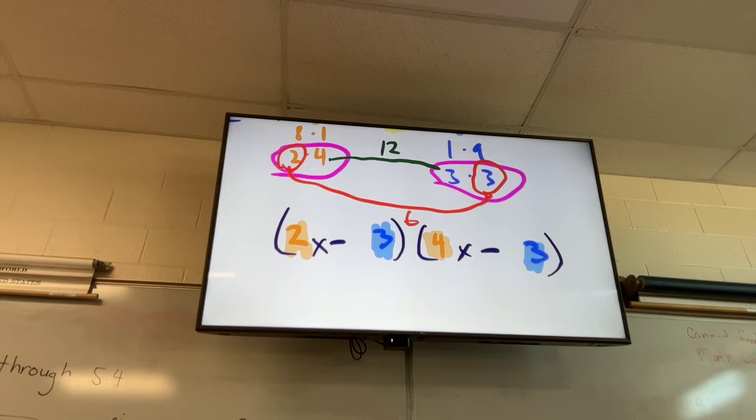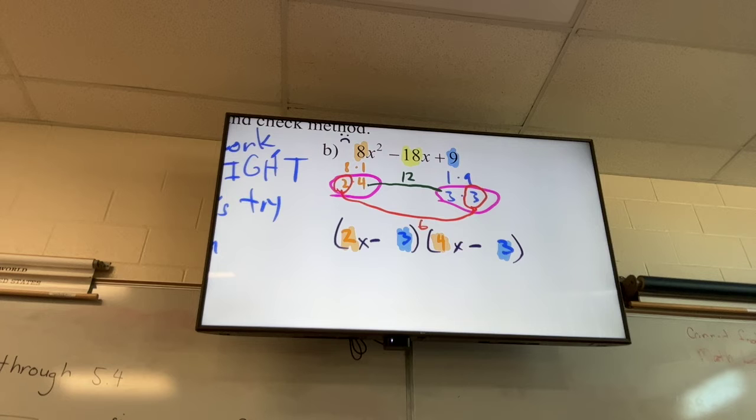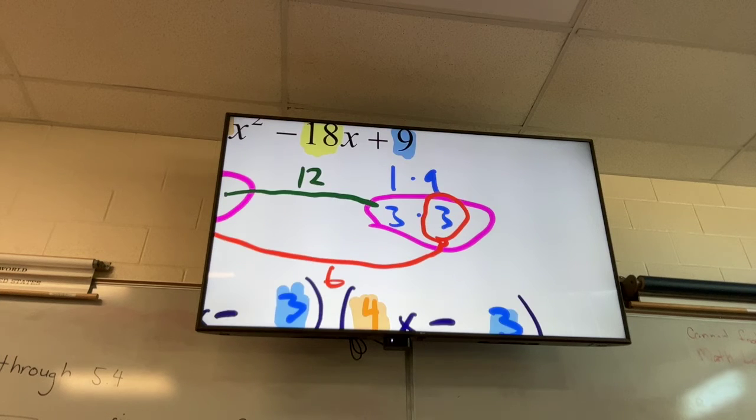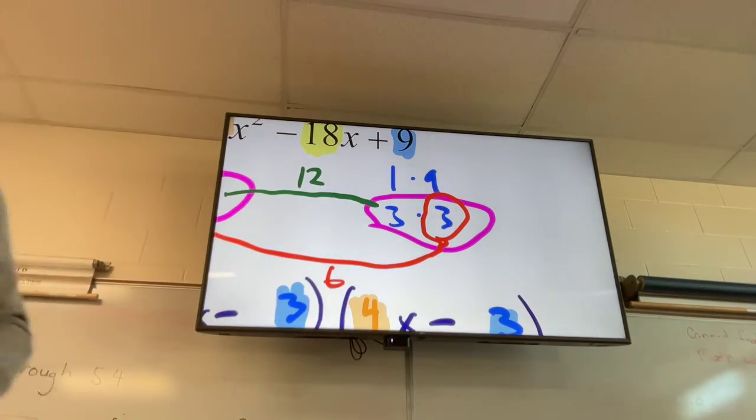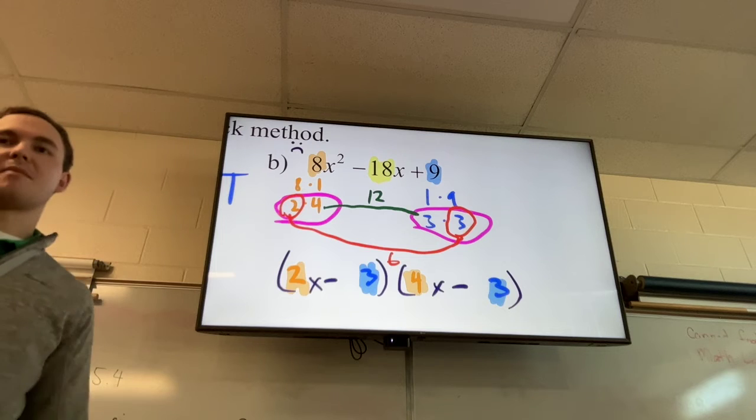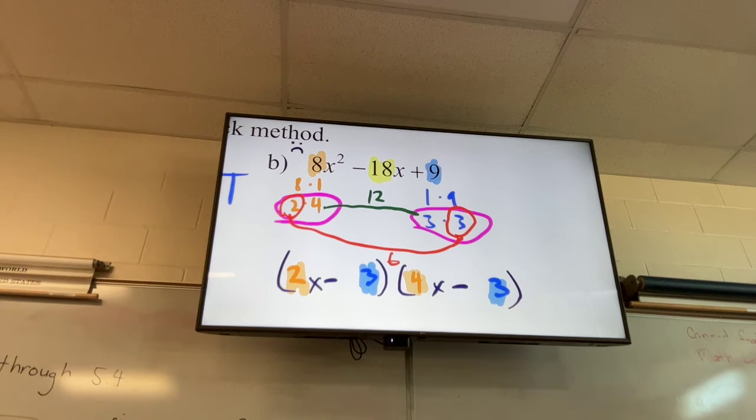Would it be wrong if you had it the other way around? 4x minus. Because this pair of factors are the same number, in this particular problem it wouldn't be, but in another problem you could very much get the wrong thing back. What if when you wrote it down you put 4 times 2?